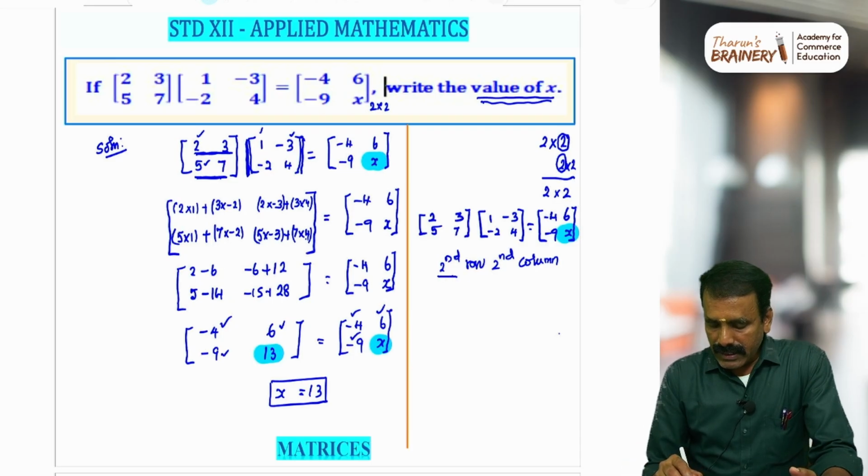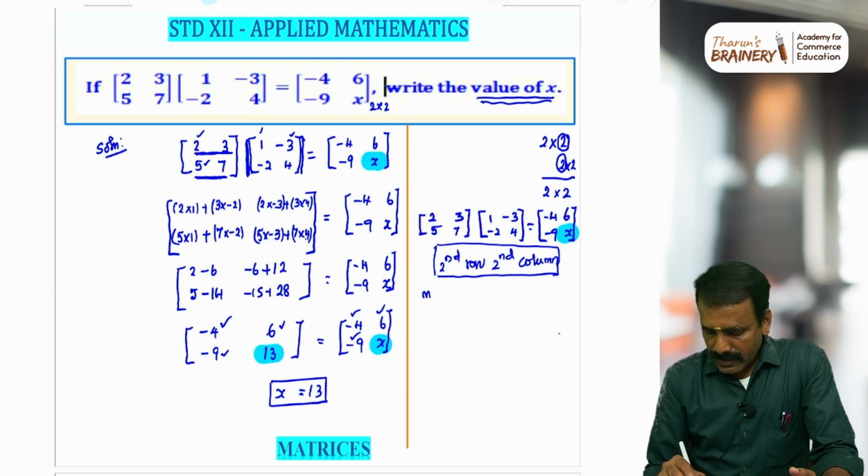The second row second column element is obtained by multiplying the second row of the first matrix and the second column of the second matrix.